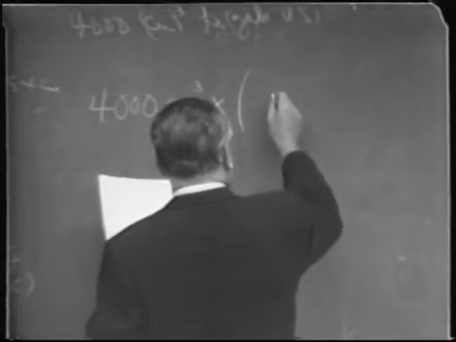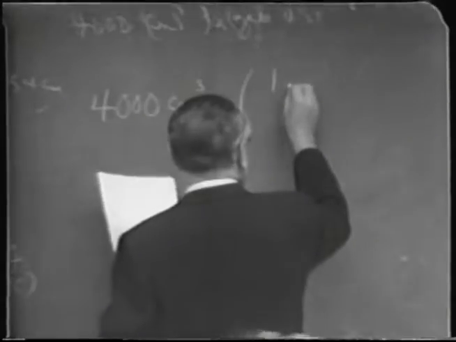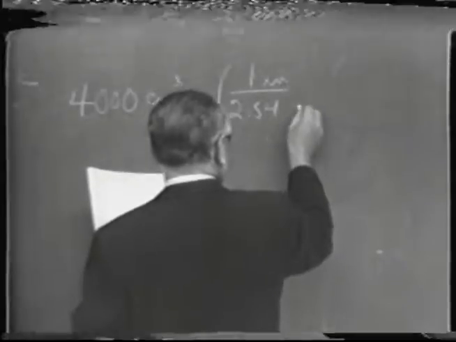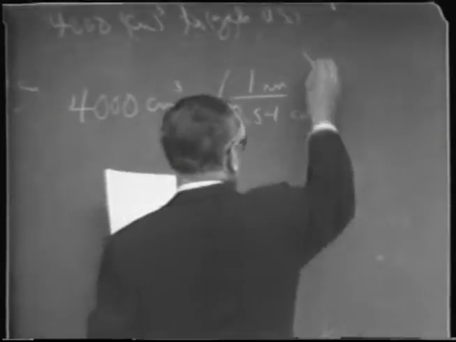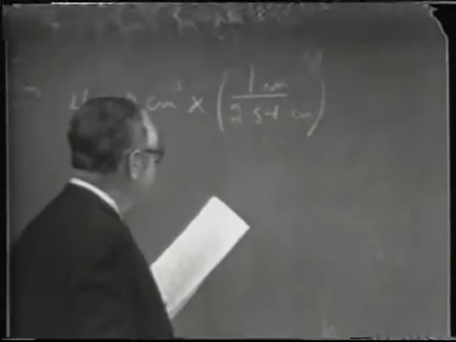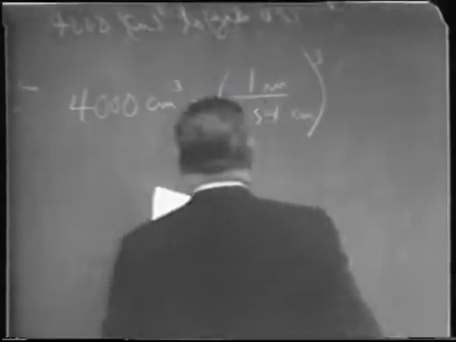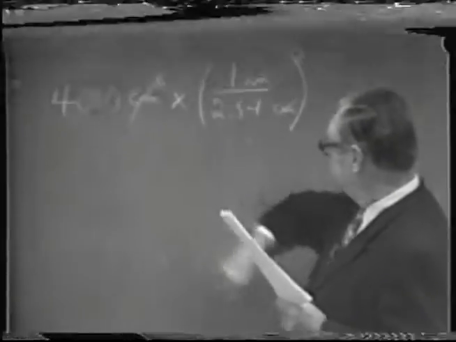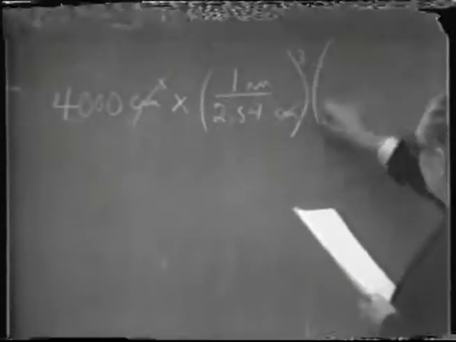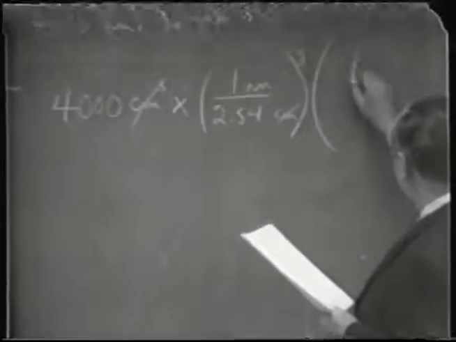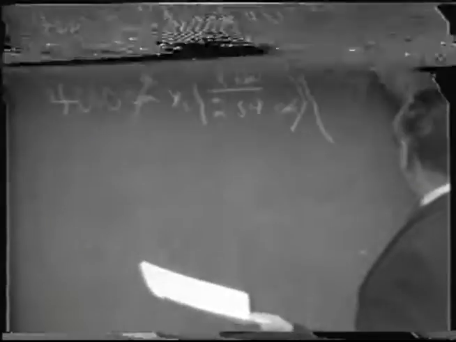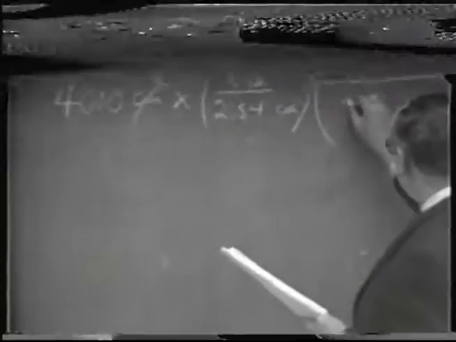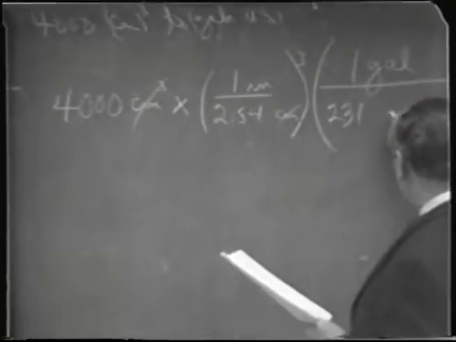So if we multiply by the factor 1 inch over 2.54 centimeters, whole quantity cubed, we'll be able to cancel out the centimeters cubed. Now then we have the other term, that a gallon is 231 inches cubed.